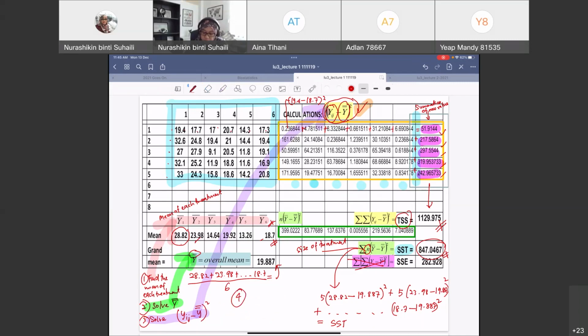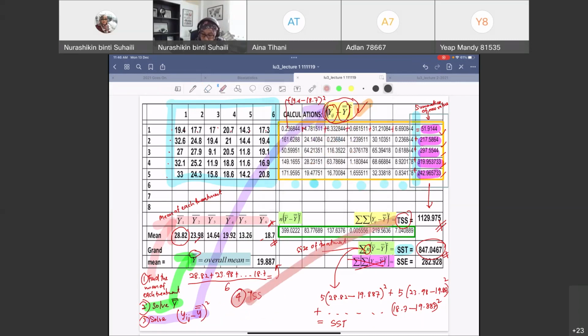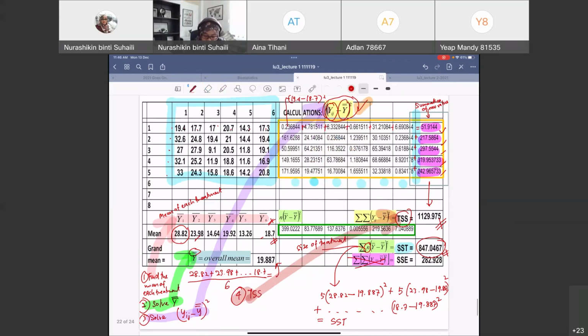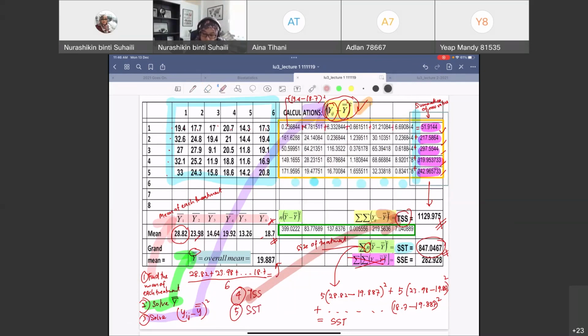number 4 is you solve for TSS, which is this. And then from there you can solve for SST, which is this one.